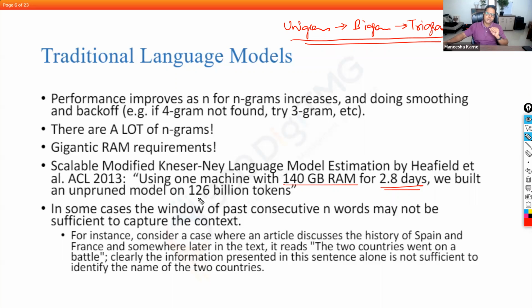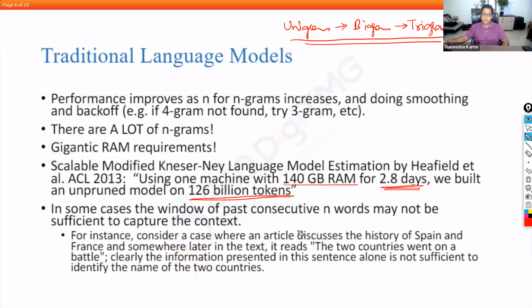They could build 126 billion tokens by using different n-grams, right? So 4-grams, etc., they tried out. Even today 140 GB RAM is considered huge. It's considered a very powerful system. For 2.8 days, and then 126 billion tokens.